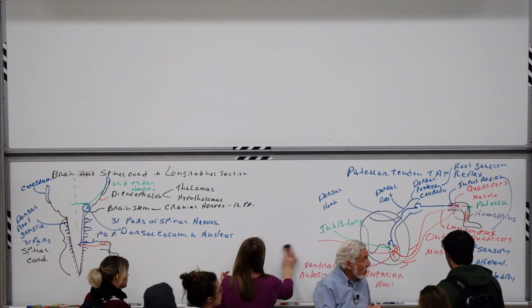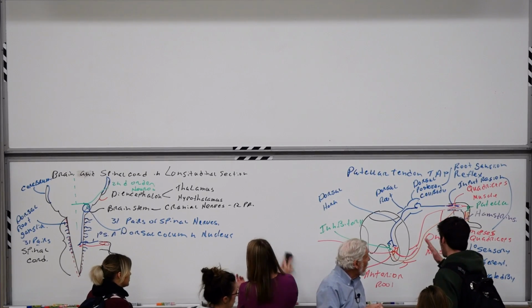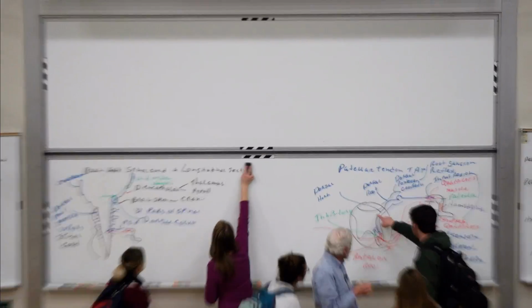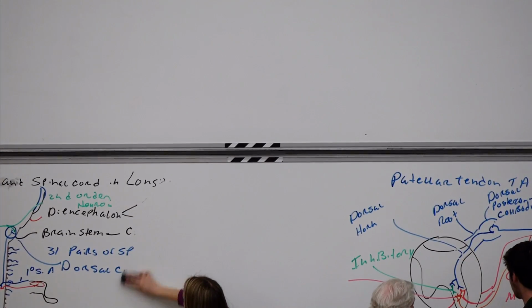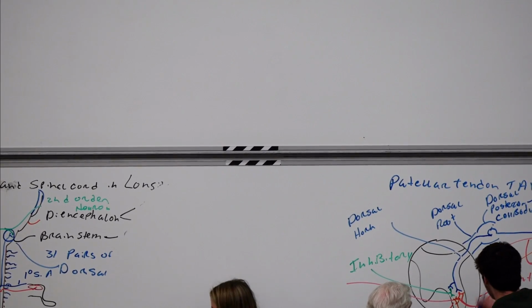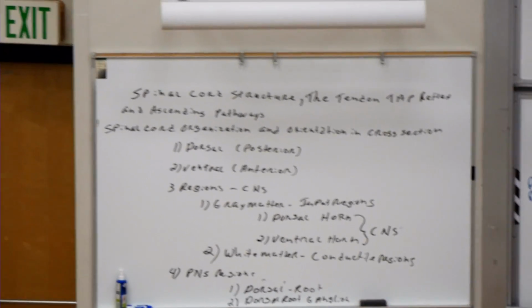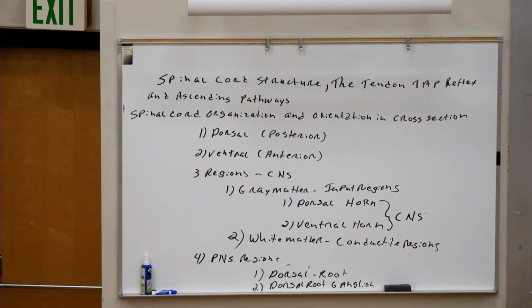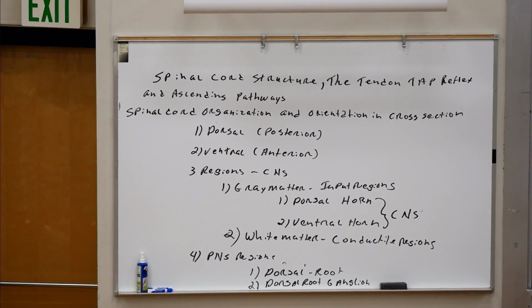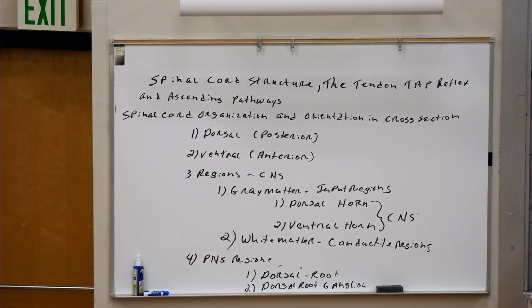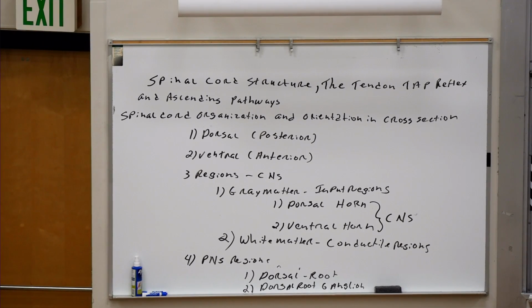And so after the horn, or it was not the horn, it was a small little structure. You drew a circle right here, and I forgot what it was called. Oh, I didn't draw it here, I drew it all the way up in the brainstem. I must have been talking about the horn, but you said immediately once you get out of that, it becomes the peripheral nervous system.